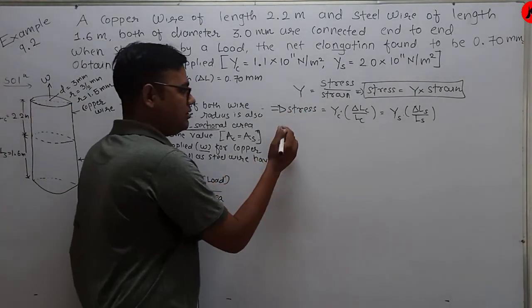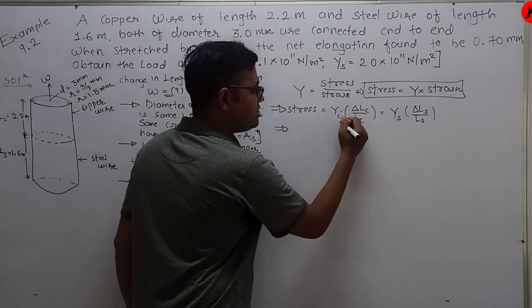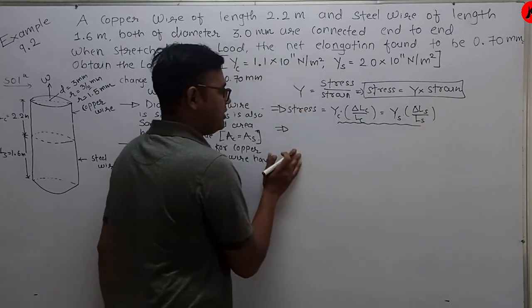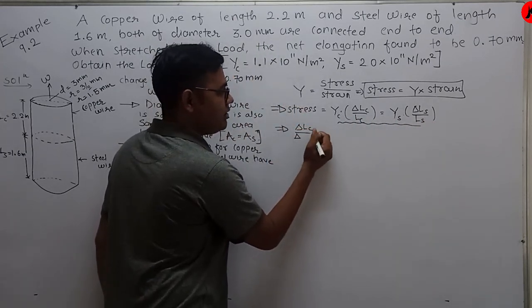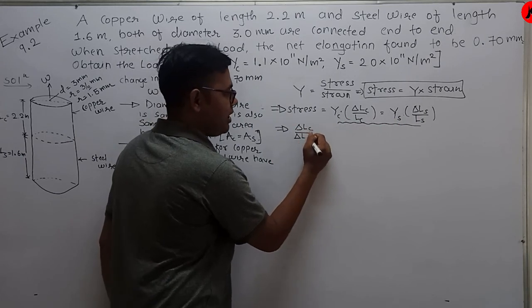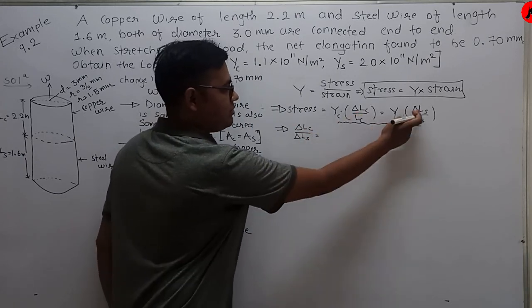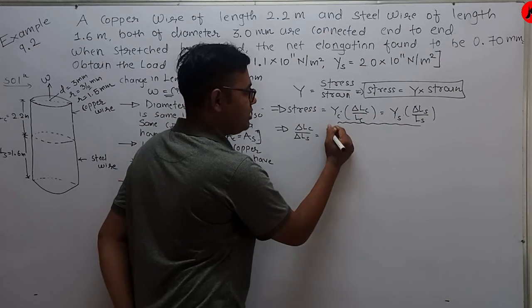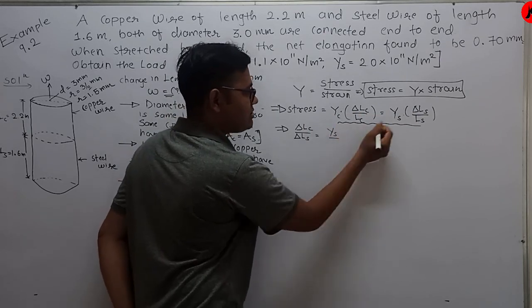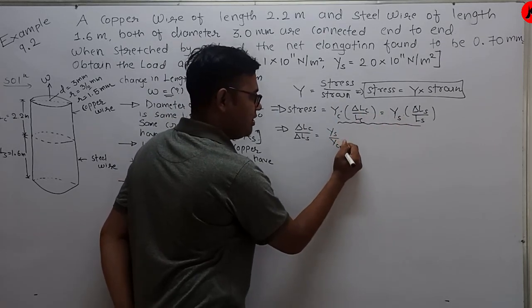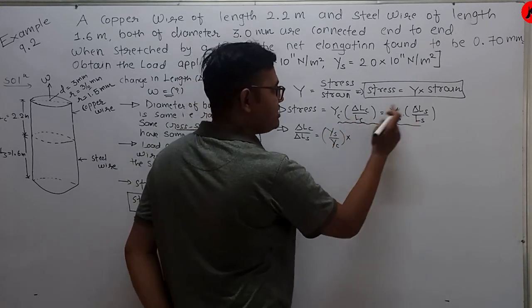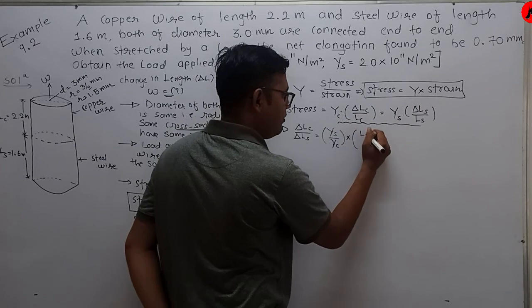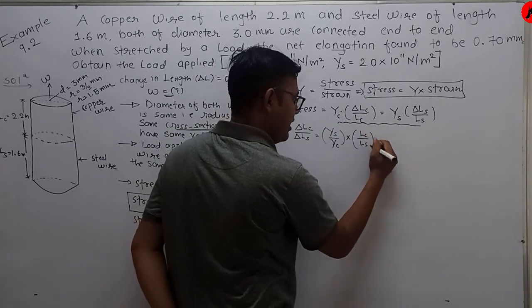So we have this relation, and from this equation we can write the equation for delta LC by delta LS. So we have the equation YS by YC into LC by LS, right?